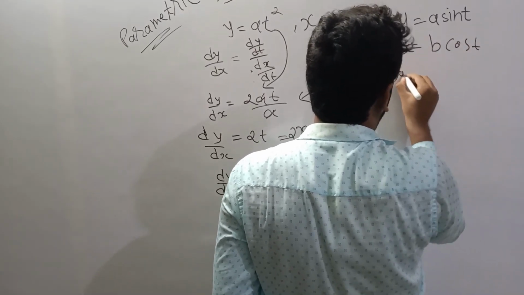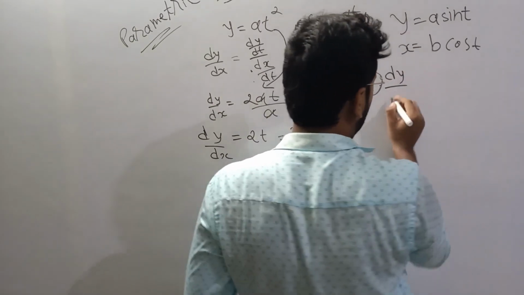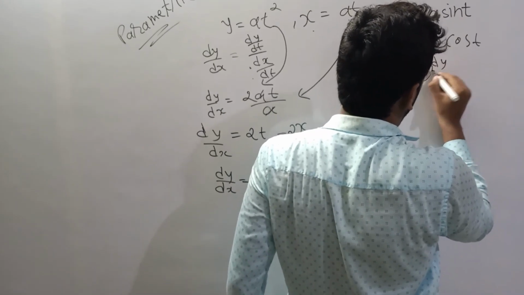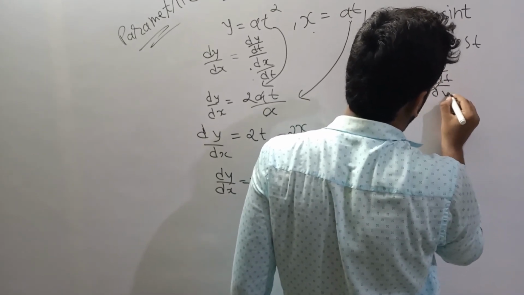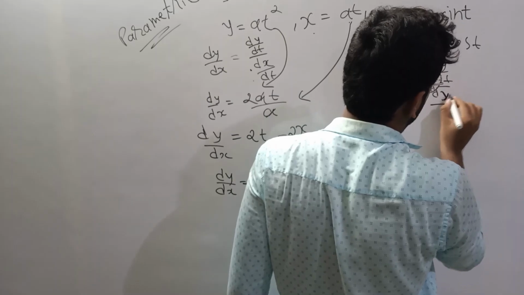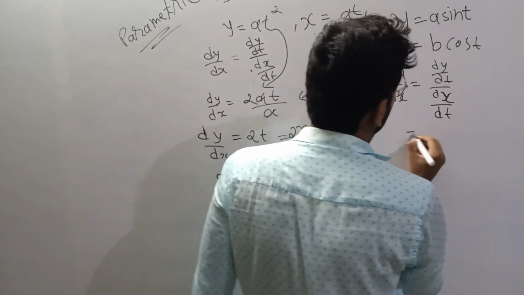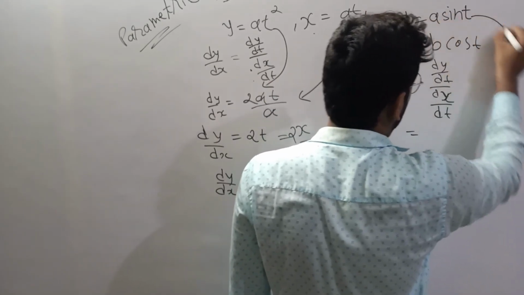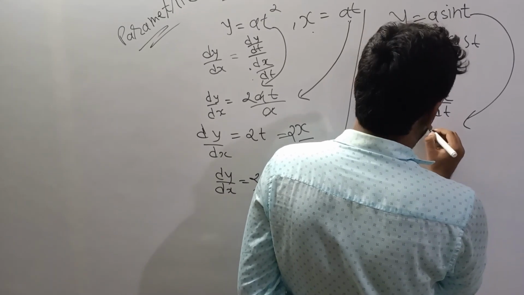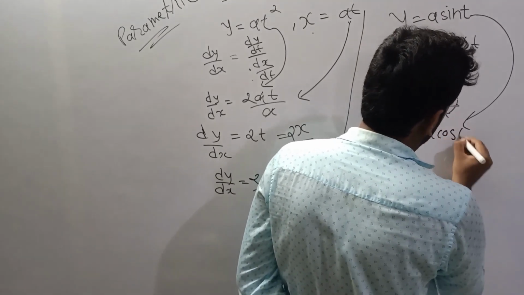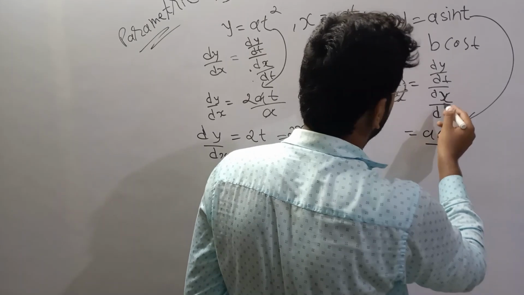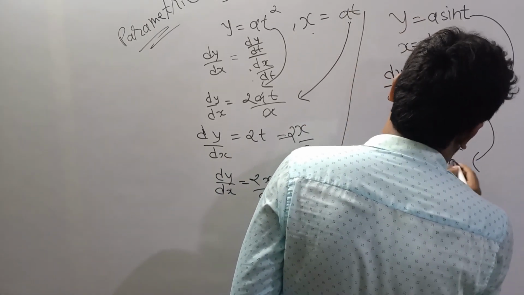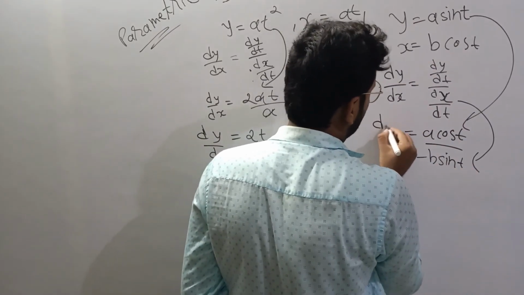So the derivative of y with respect to x will be dy by dt upon dx by dt, which will be the derivative of y with respect to t, which is a cos t, upon the derivative of x with respect to t, which will be minus b sin t. So our answer is dy by dx.